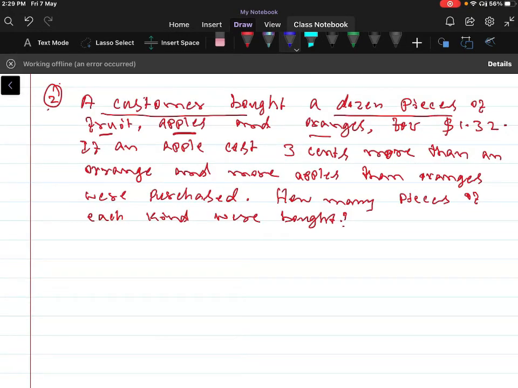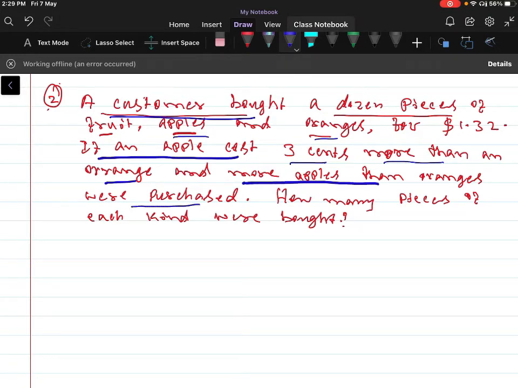A customer bought a dozen pieces of fruit, apples and oranges, for $1.32. If an apple costs 3 cents more than an orange, and more apples than oranges were purchased, how many pieces of each kind were bought?